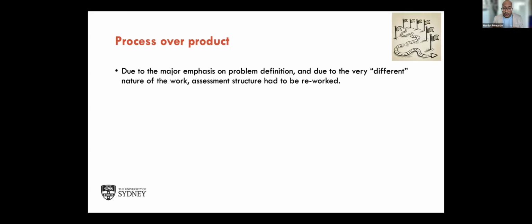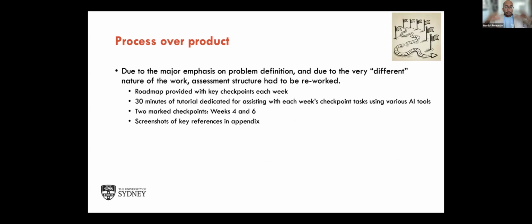Because this assessment was so different compared to previous semesters, and maybe possibly even your traditional units, your unit assessment outlines, we needed to help students along the way. So they needed a bit of hand-holding, okay? So we gave them a detailed roadmap of, hey, if you want to finish this in 9 weeks, here are the things you'd want to focus on each week, okay?